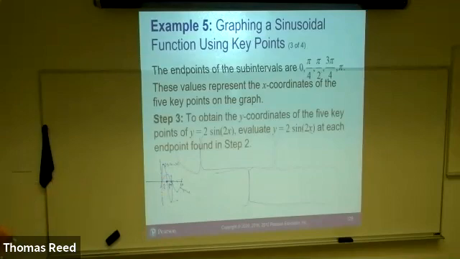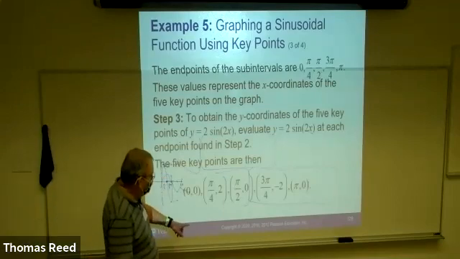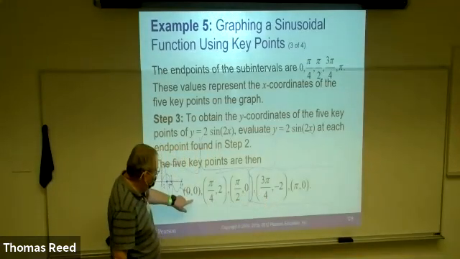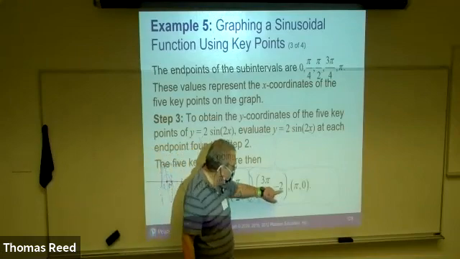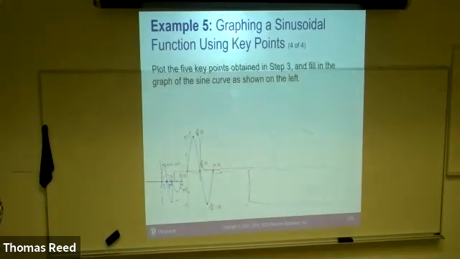To obtain those, evaluate at each endpoint found in step 2. So at the quarter marks, it's at its maximum or minimum, and at the half pi intervals, it's 0. And then you draw the curve.